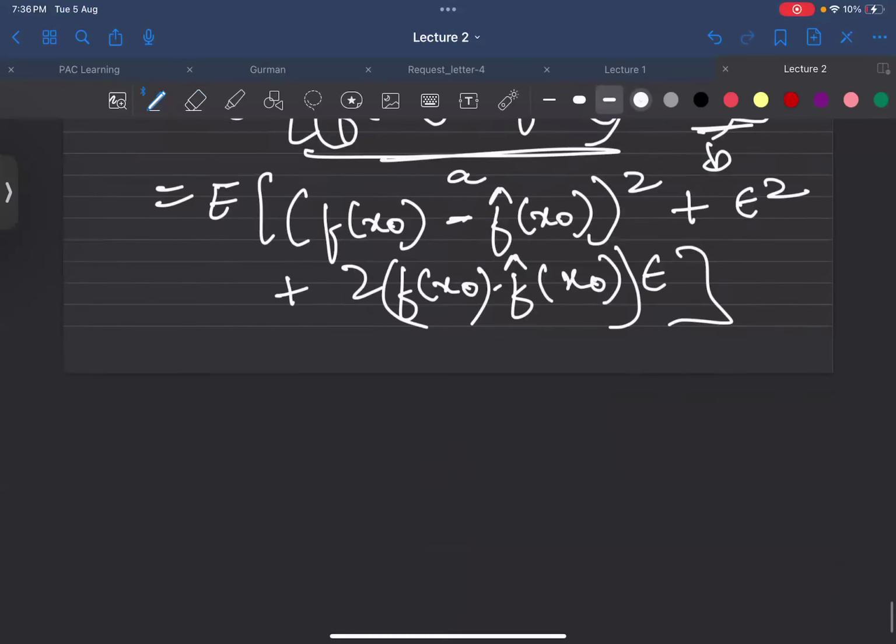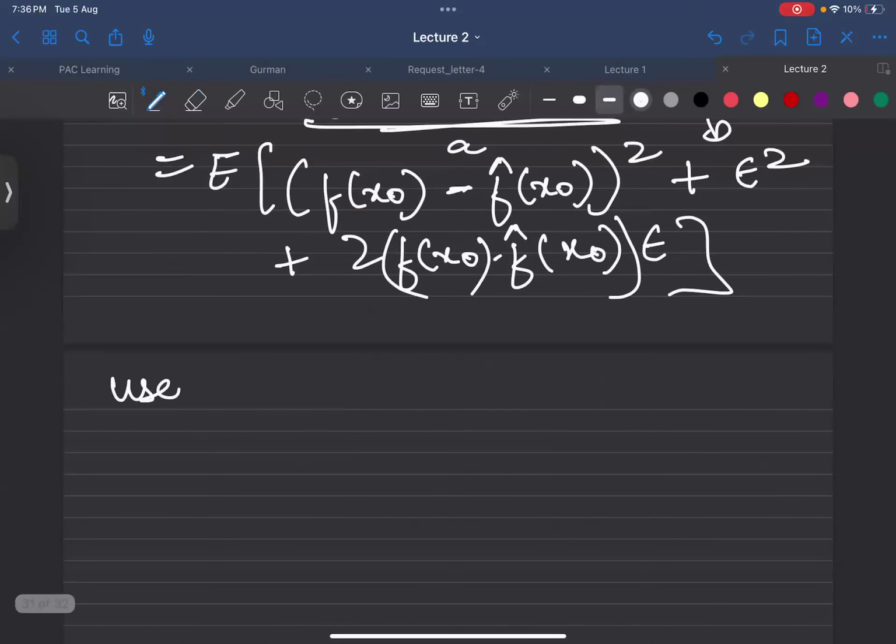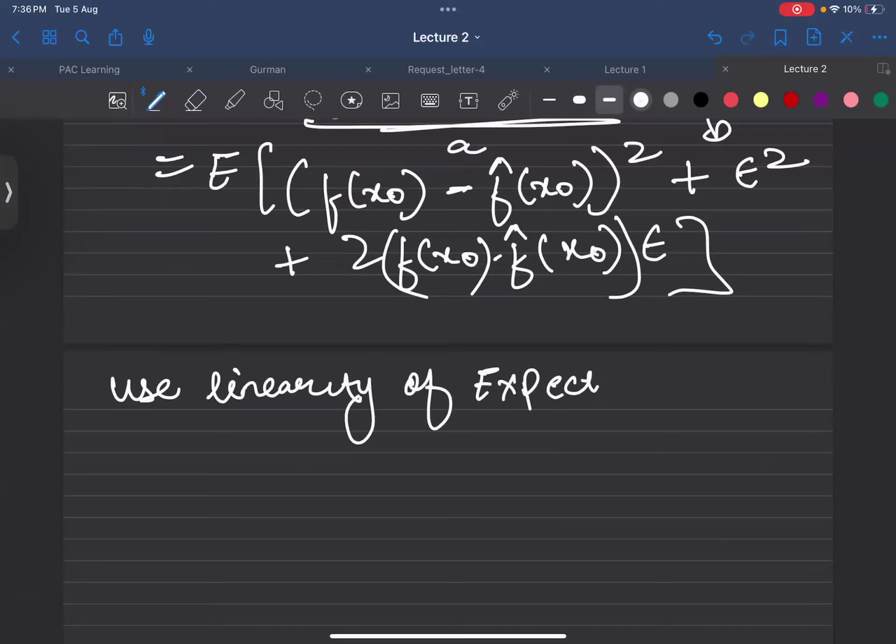Use linearity of expectation. Anyone have an idea what is linearity of expectation? Expectation of all the sums distinctively.